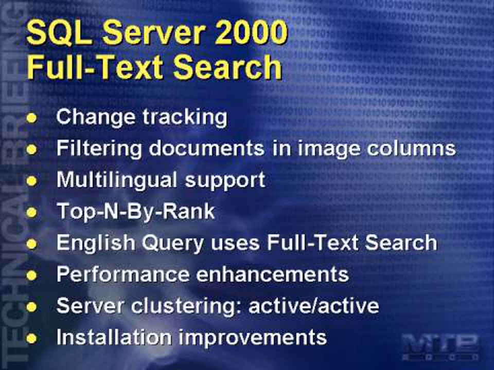The other major piece of support that went in was the filtering of rich documents, structured documents, your Word and your Excel spreadsheets that can be stored in the image columns of your SQL Server table. In SQL Server 7.0, the language support was on a server basis. So what happened was that if you had a French column, but your server was set to English, we actually ended up loading the English word breaker to process your French words, which doesn't give the user a very good query experience.